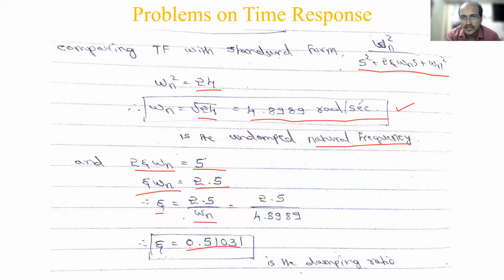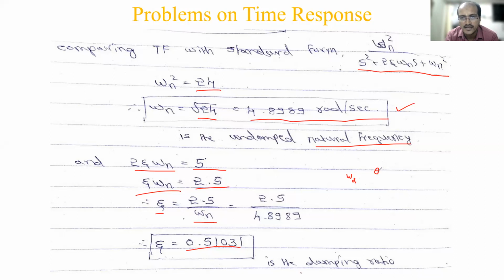So next, what you have to calculate: you have to find out the step response, that is C of t. For that you require another two parameters. What is that? Omega d, that is the damped natural frequency, and then theta. So theta can be calculated from three equations. Omega d is omega n square root of 1 minus zeta square.